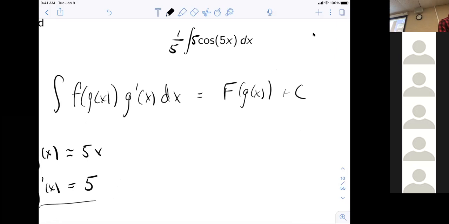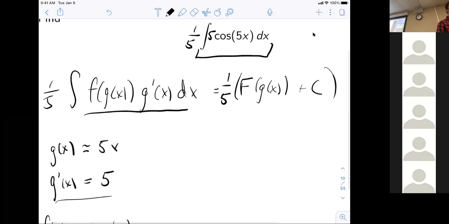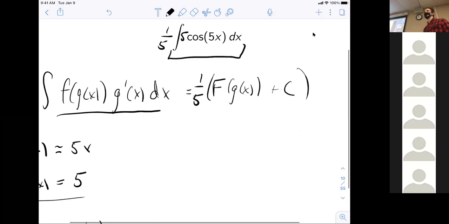So then really, I'm looking at 1/5 times this stuff. Because now this inside integral matches this pattern perfectly, but I need the 1/5 out in front. So really we're looking at this, right? I multiply both sides by 1/5. Questions on this?